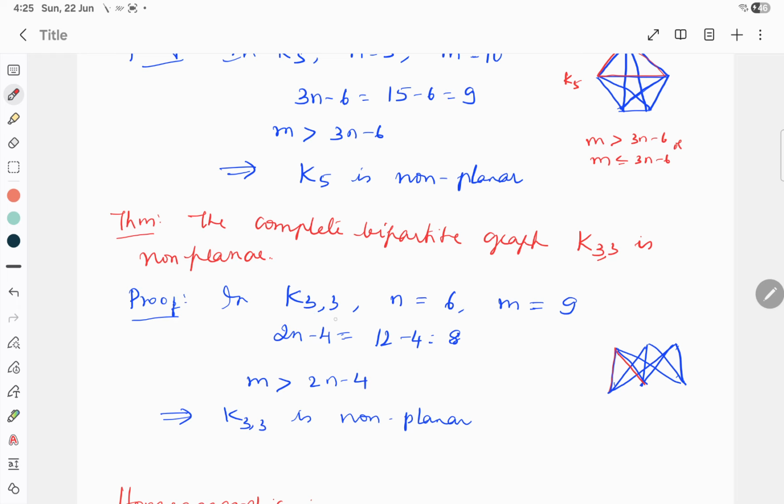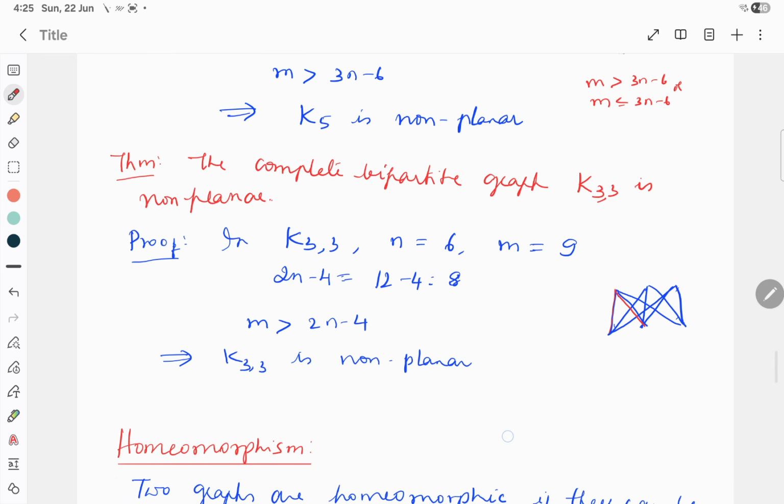Therefore in K3,3, n is equal to 6 and m, the number of edges, is equal to 9. So 2n minus 4 is equal to 12 minus 4, which is 8, and therefore 9 is greater than 8. This implies that K3,3 is non-planar. Also, we tried drawing this K3,3 without edge crossing, which is not possible. So that also shows that K3,3 is non-planar.